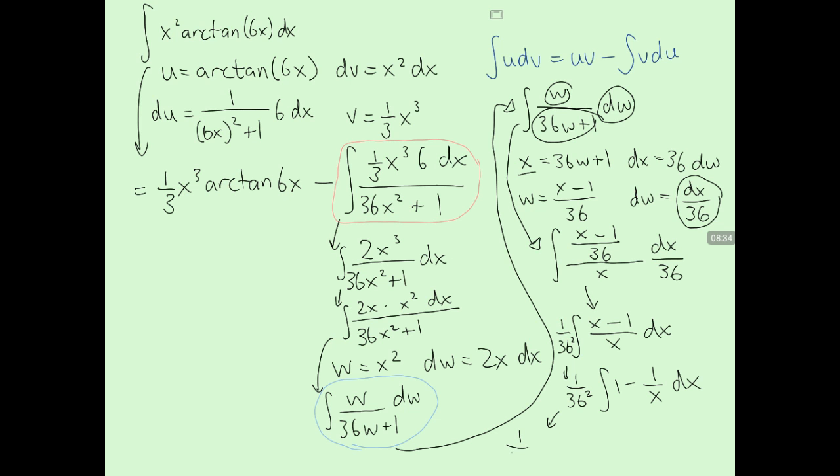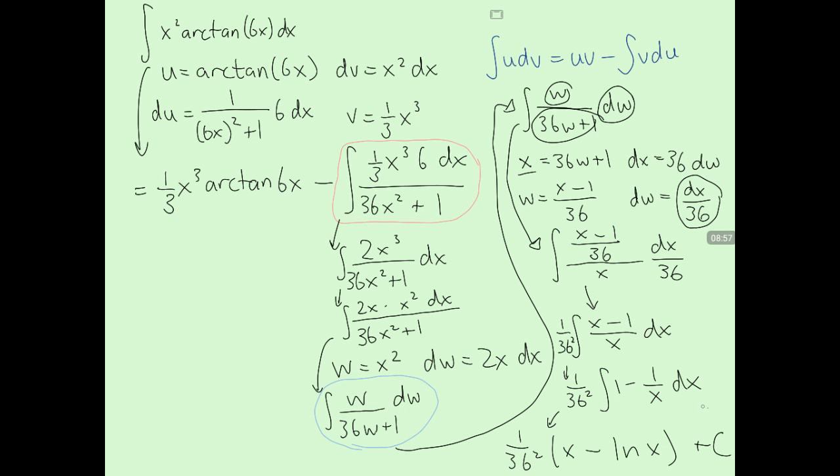So what we are going to get is 1 over 36 squared, and the antiderivative of 1 is just x, and the antiderivative of 1 over x is going to be ln x. And don't forget our plus c.